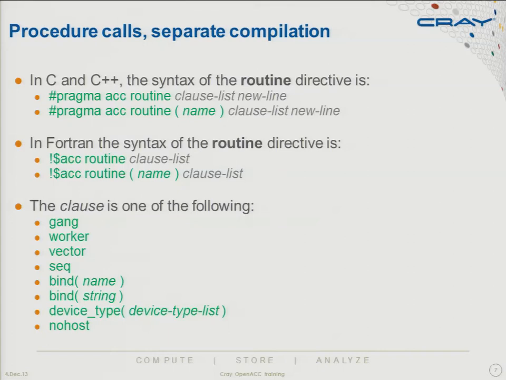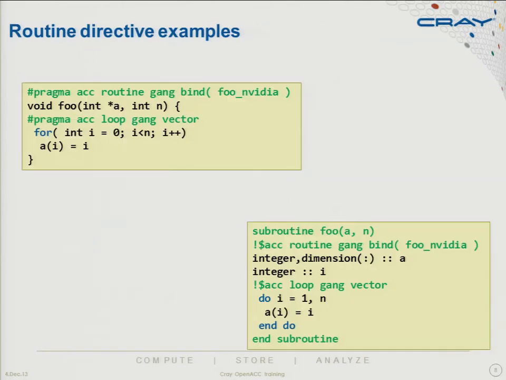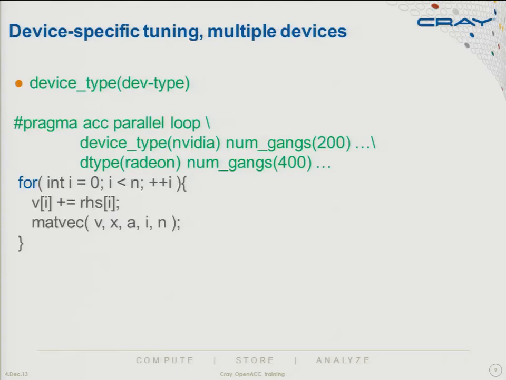So this library could be another routine in your code, it could be in a third-party library. But it would be a library that you're calling from within a parallel region. There are some examples there.